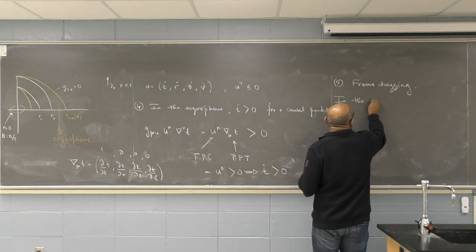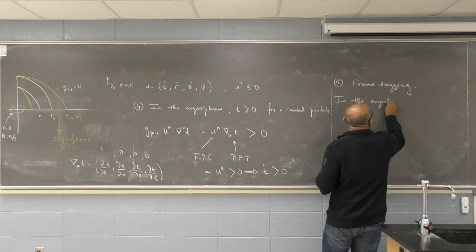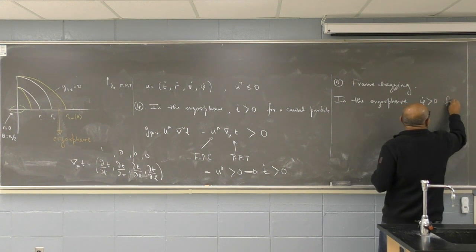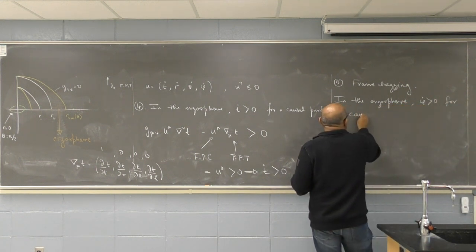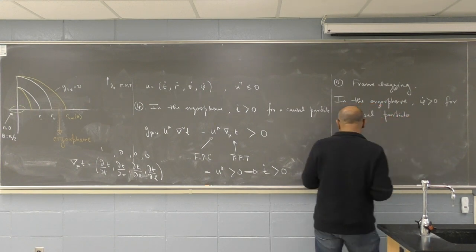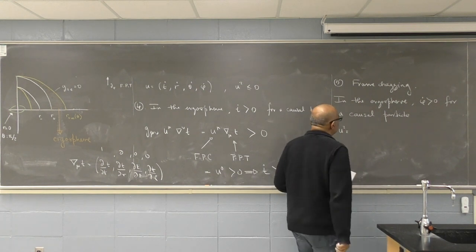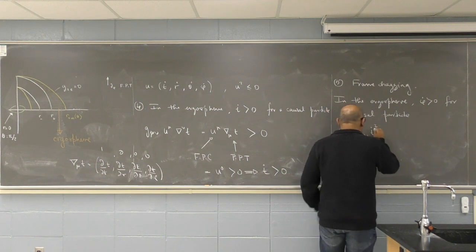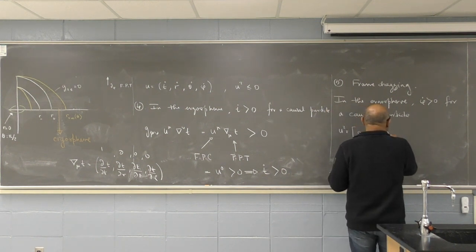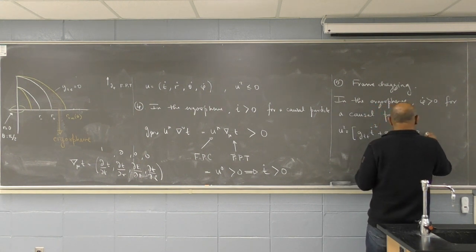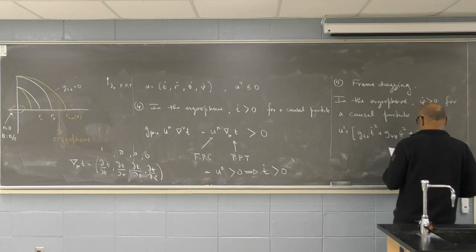In the ergosphere, phi dot is greater than 0 for a causal particle. That's easy. I'm going to do u squared, and u squared is g t t t dot squared plus g phi phi phi dot squared plus 2 g t phi t dot phi dot.